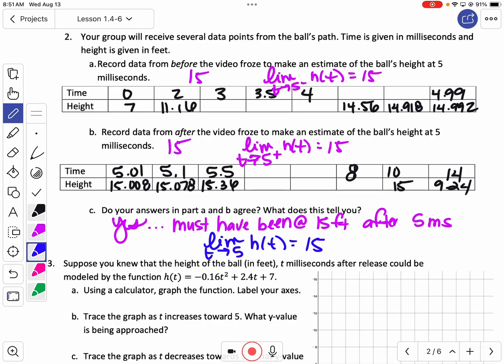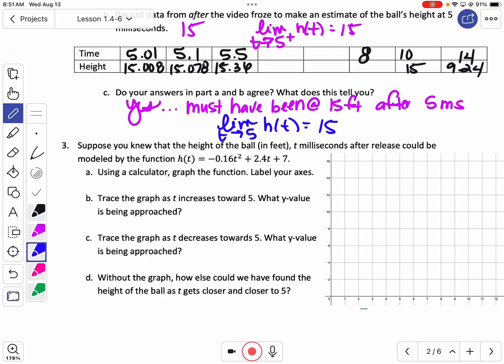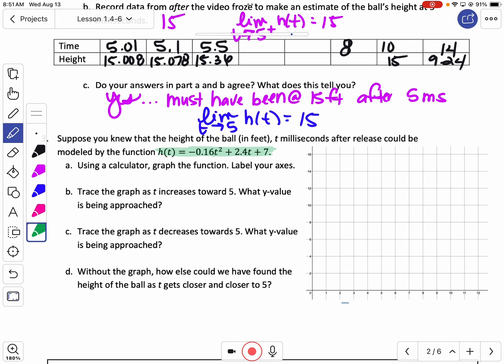All right, so then they switch gears a little bit and they say, okay, here's an actual function for the height. They give me a height function, negative 0.16 t squared plus 2.4 t plus 7. They ask you to graph it. And so it looks something like this. They've got some exact points on there.